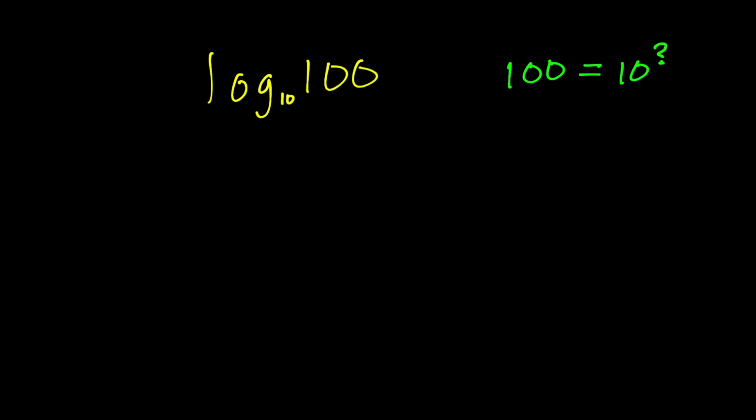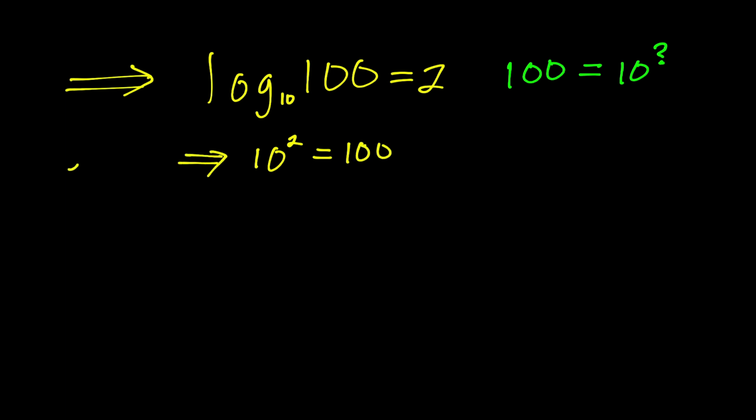Therefore, this is equal to 2. So 10 squared equals 100. Another way to write this is a logarithmic equation. If I wanted to, I could rewrite it and say 10 squared equals 100. This is an exponential equation, and the other is a logarithmic equation.